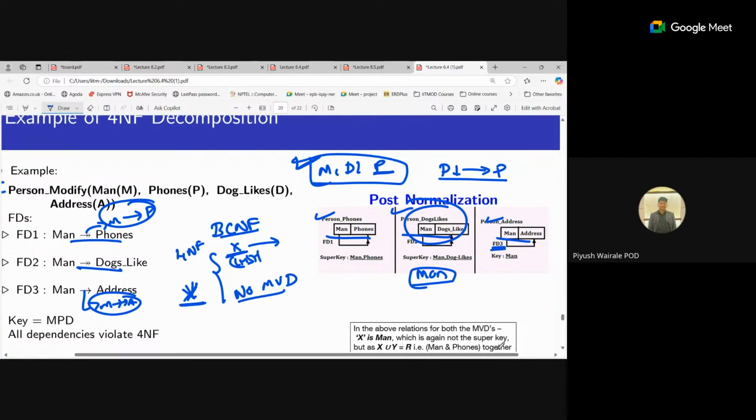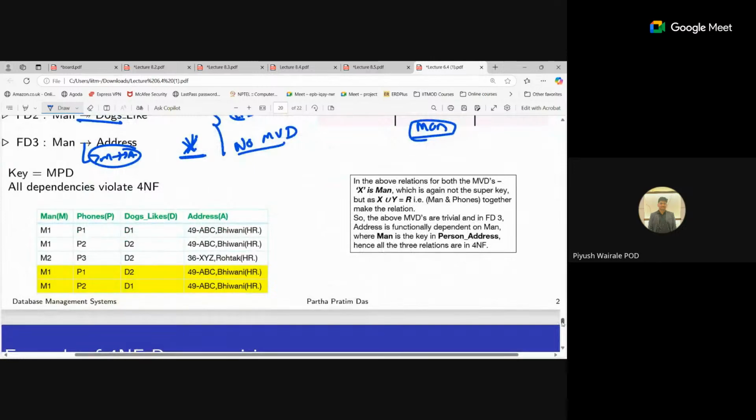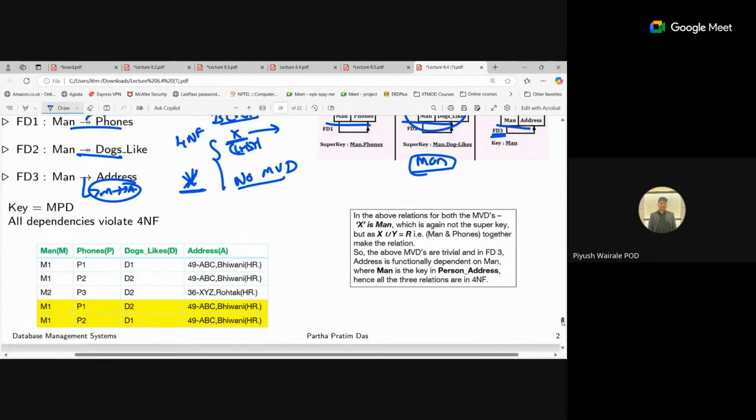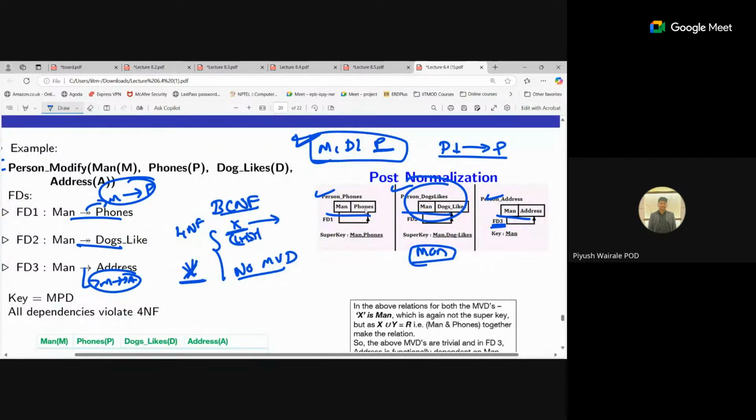So you can see here the MVD concept will not be applicable. After normalization, if any table has just two attributes, it will always be in 4NF. That's it.